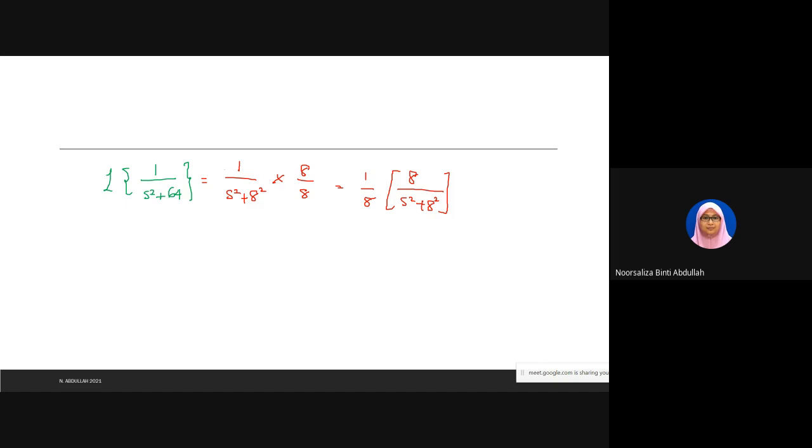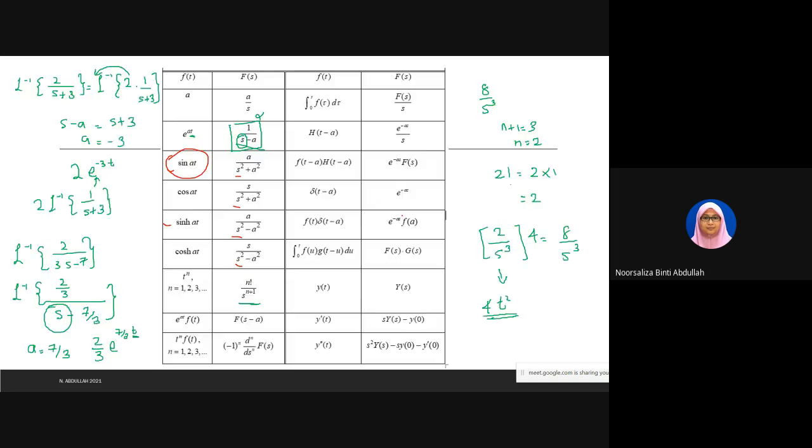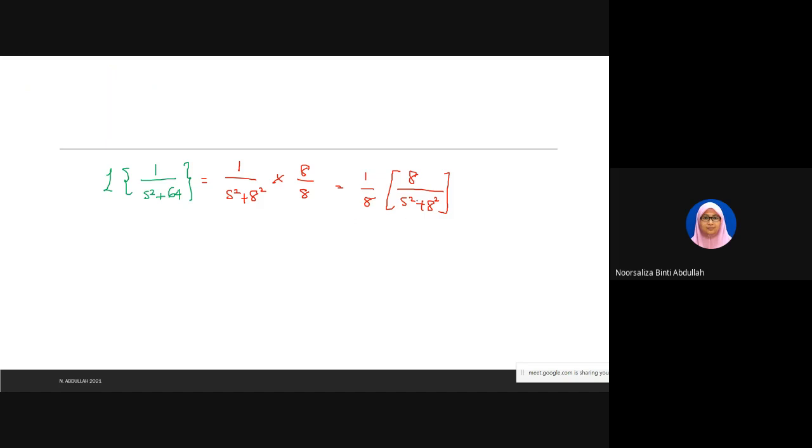So you dapat yang ni. So this one dah sama dengan yang ini. Then your answer will be sin 8t, because your A is 8. Then this one will be 1 over 8 sin 8t.